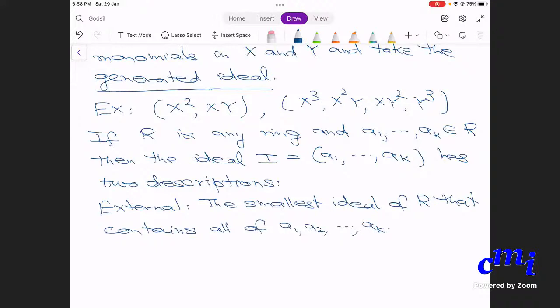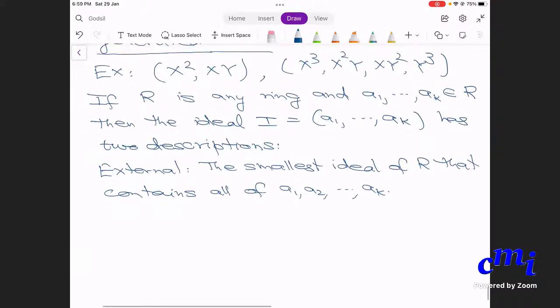How do you know there is some ideal of R which contains A1 up to AK? For example, R itself is an ideal of R which contains A1 up to AK. So just take the collection of ideals of R containing A1 up to AK and take the intersection of all of them. We will see shortly that the intersection of ideals is still an ideal. So this forms an ideal and it's the smallest ideal which contains A1 up to AK. This is one way of saying the ideal generated by A1 up to AK. This is the so-called external description.